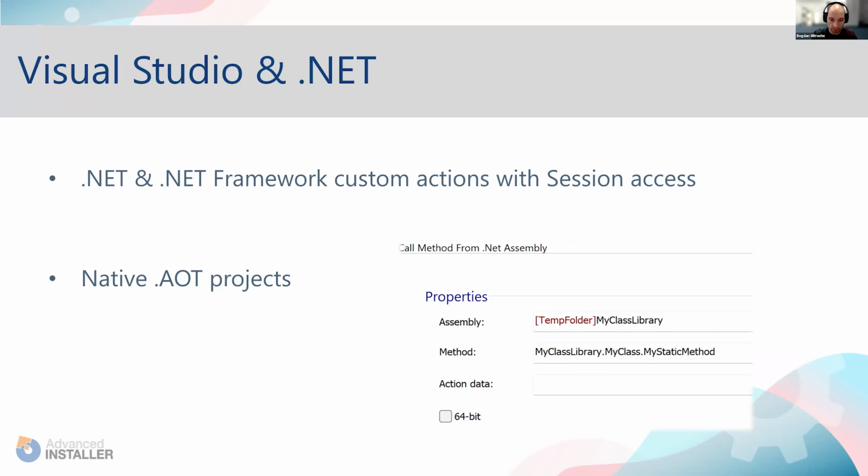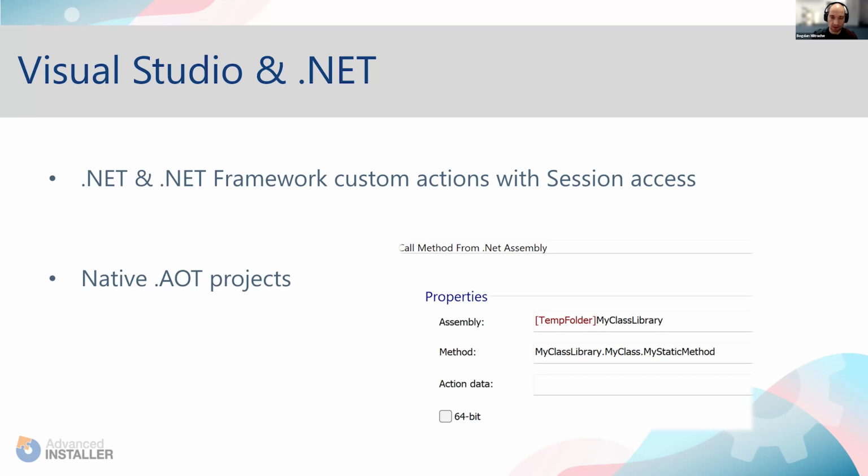In 2023, the most important update to our Visual Studio integration is the support for native AOT projects. It enables you to easily package native AOT applications via our existing setup project, and also allows you to benefit from all the existing integration that Advanced Installer has with Azure DevOps and GitHub Actions.